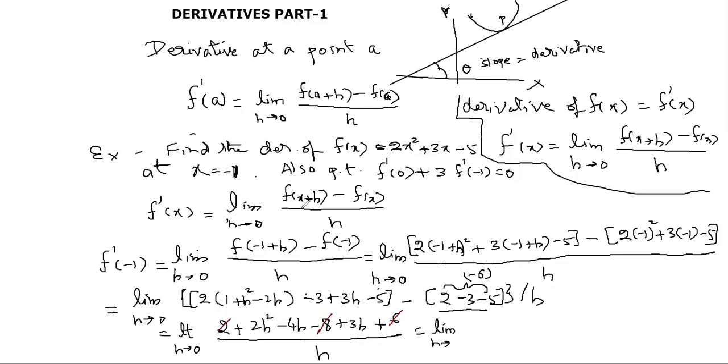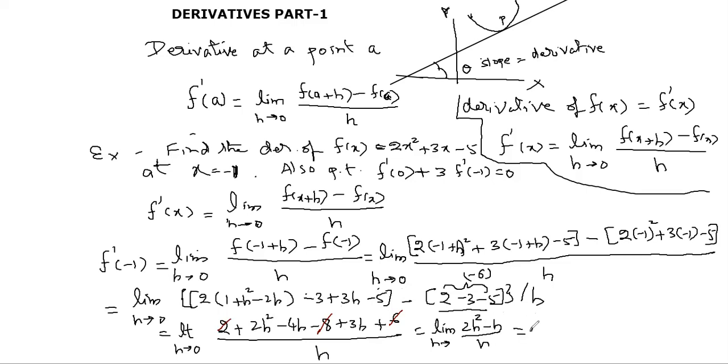Now we are left with 2h square minus 4h plus 3h, that is equal to 2h square minus 4h plus 3h is equal to what, minus h. Correct.